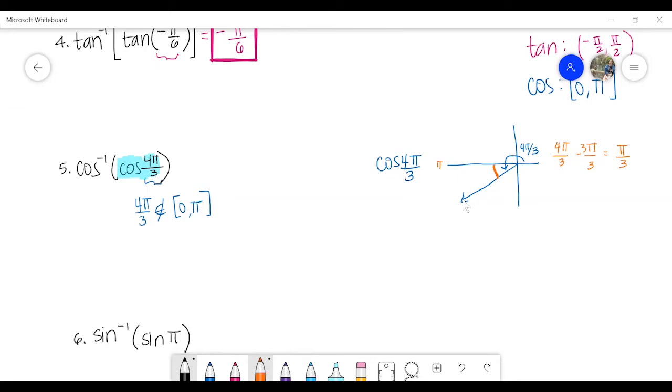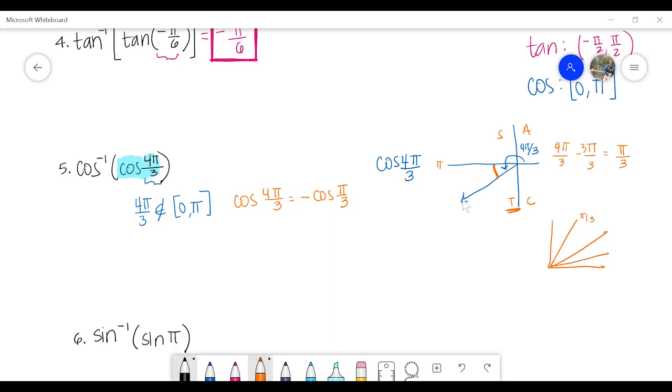So we've got cosine 4pi/3 is equal to, I'm going to leave a space for my plus or minus sign, cosine pi/3. Now we're in the third quadrant, so all students take calculus. Again, that's tangent's territory, so this is negative. If I want to know what cosine of pi/3 is, again, I use my left-hand rule.